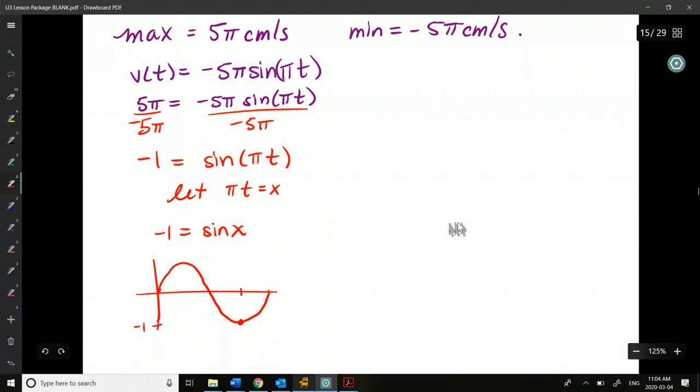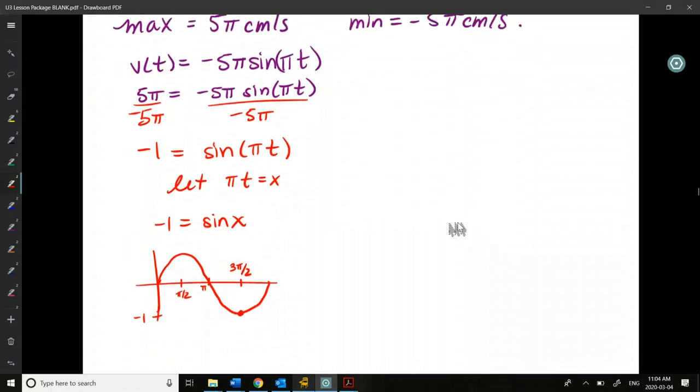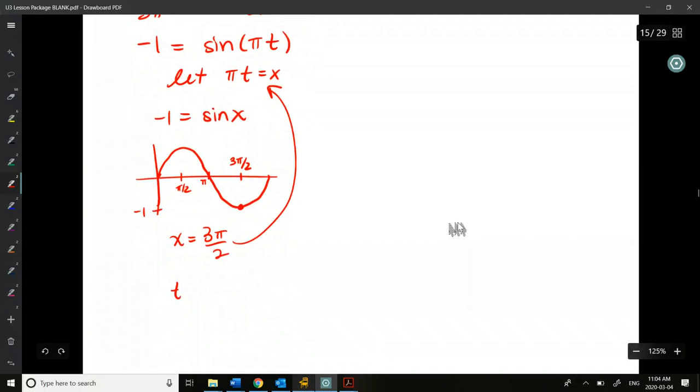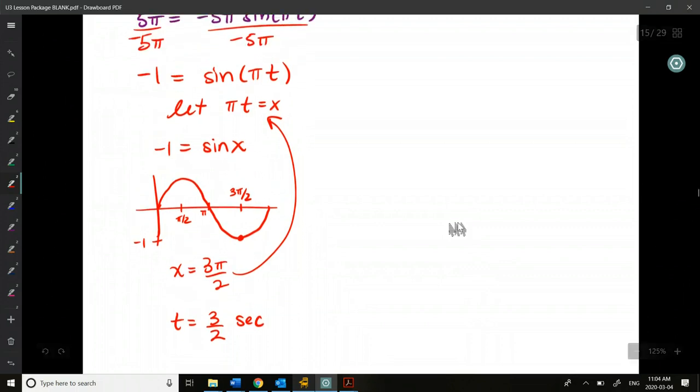What's this value here? This is pi over 2, pi, 3 pi over 2. So here, x equals 3 pi over 2, and then you sub back into your let statement. So you divide out the pi. You get 3 over 2 seconds.